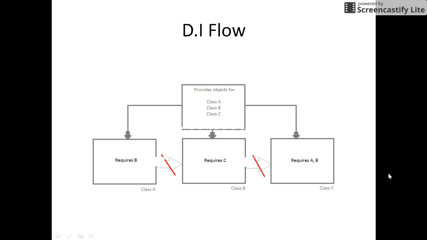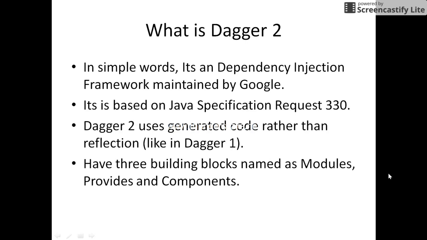So now we understand what Dagger 2 is. In simple words, it's a dependency injection framework maintained by Google. It's based on Java Specification Request 330. Dagger 2 uses generated code rather than reflection like in Dagger 1.